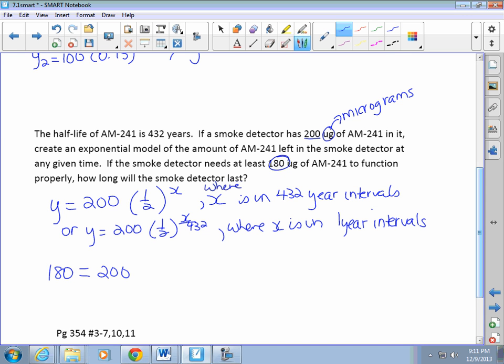200 times 1/2 to the power of x over 432. So you need to do this on your calculators. First thing I'm going to do is divide through by my 200.